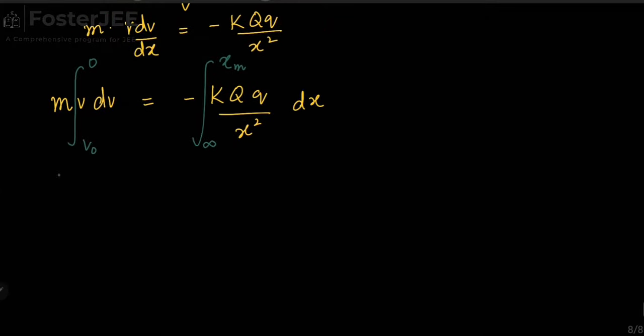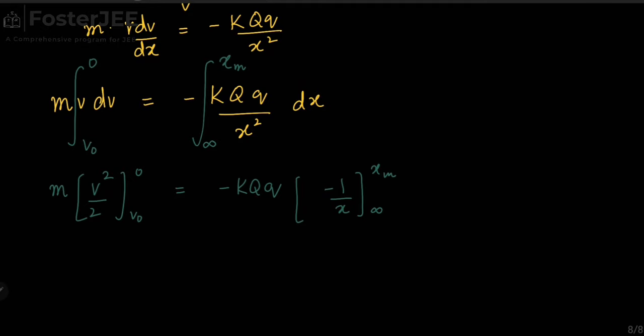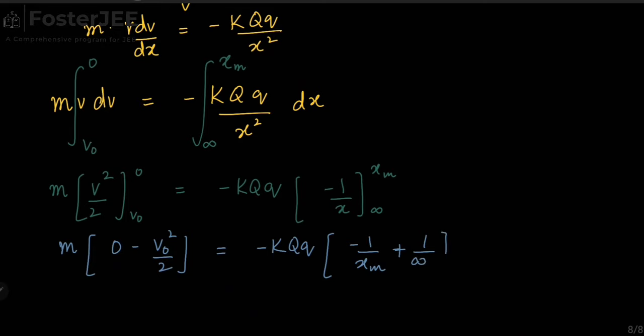Now, solving this equation, we get m v square upon 2 from v naught to 0 equals minus kqq into minus 1 by x from infinity to xm. Putting the limits, it will be m times 0 minus v naught square by 2 equals minus kqq times minus 1 by xm minus minus 1 upon infinity.